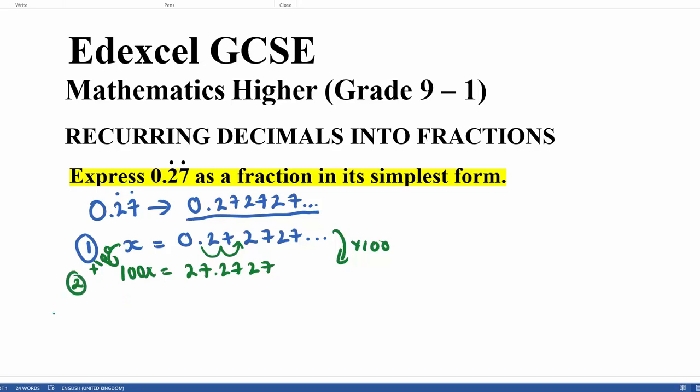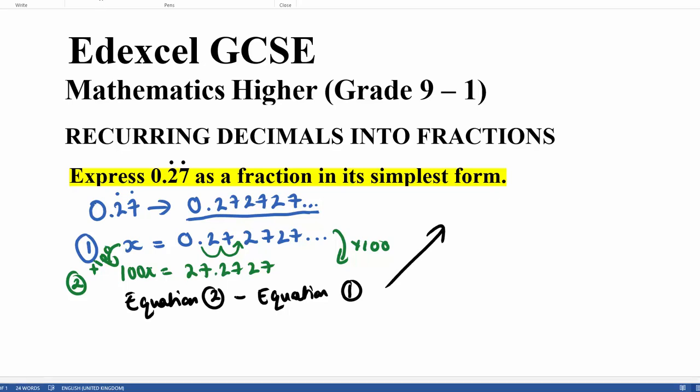Okay, now we're going to do some basic subtraction, right? Because what I'm trying to do is get this 27 on its own. All right, so I'm going to do equation 2 take away equation 1. Okay, so I'm going to write it up here.